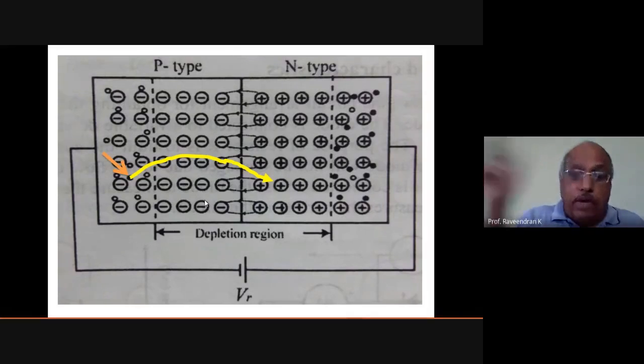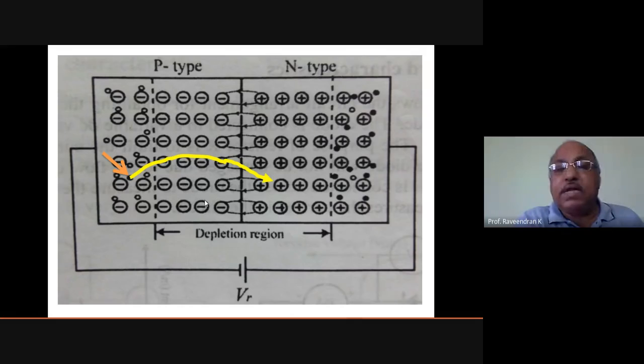But in the forward biased condition, what happens? Effectively, the depletion region gets reduced. Finally, if the applied voltage is more than the barrier potential, the diode starts conducting and a very high current flows in the forward biased condition.